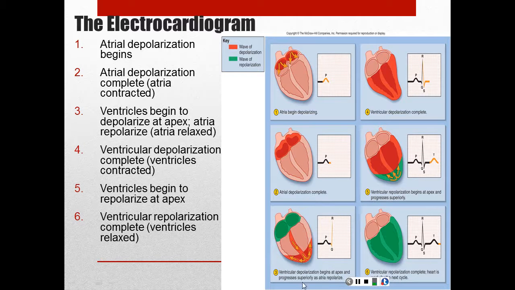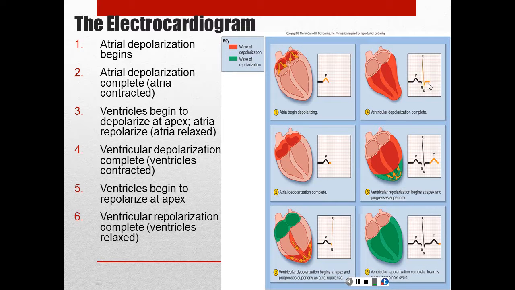In 3, the ventricles begin to depolarize at the apex, and the atria start to relax. See, the green means that they're relaxing, and the red is the contraction. So that's forming our QR, and our RS is when the ventricles actually start to depolarize completely.